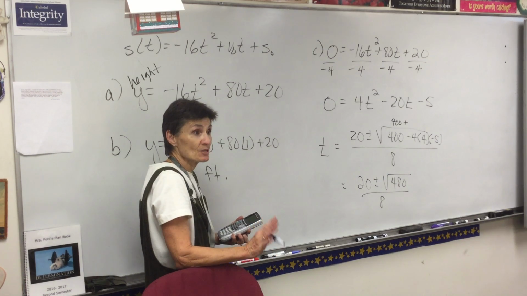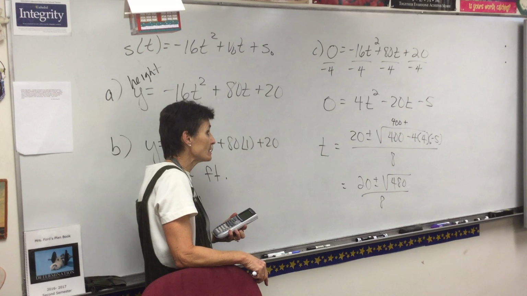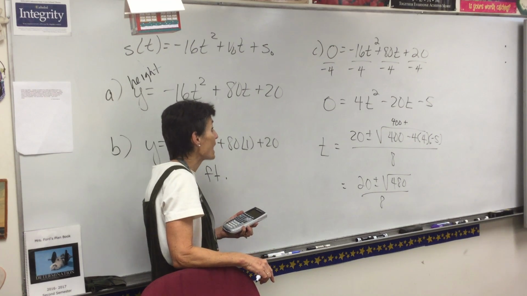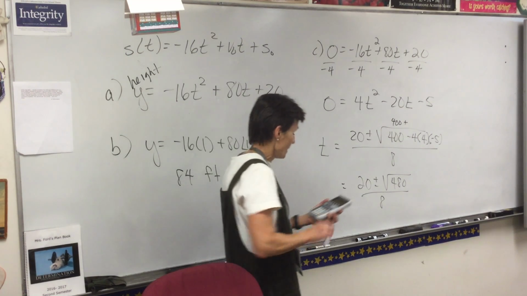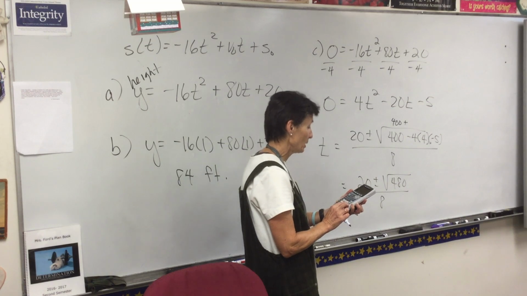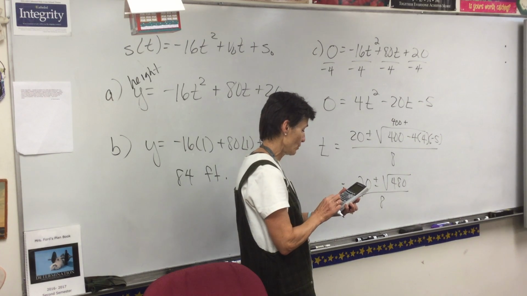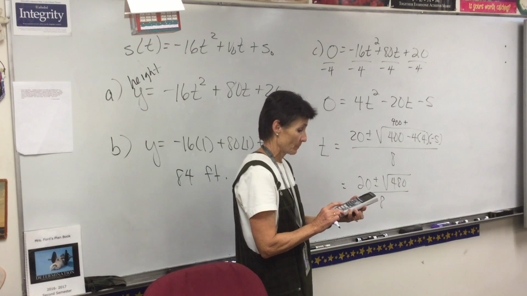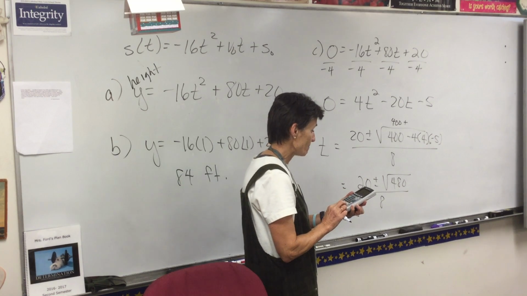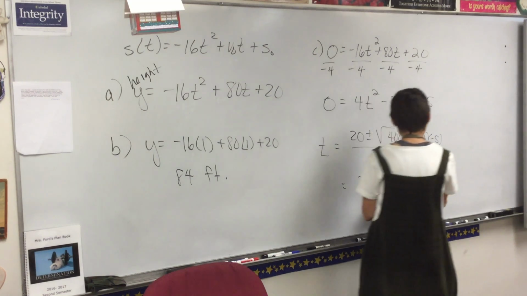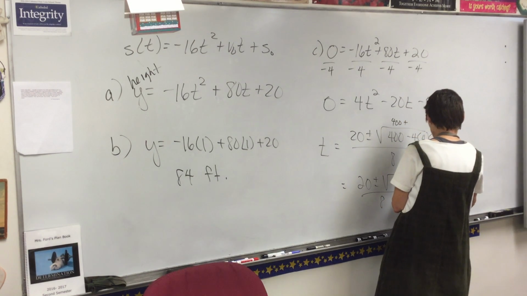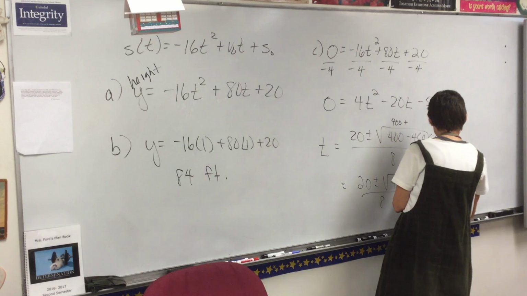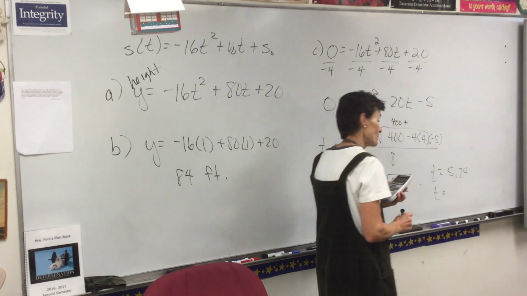Now, there's two answers here. I'm rounding to the nearest hundredth, so I'm going to type it in on my calculator. So I'll start with 20 plus the square root of 480 equals, divided by 8, and I got 5.24, if I round off to the nearest hundredth.